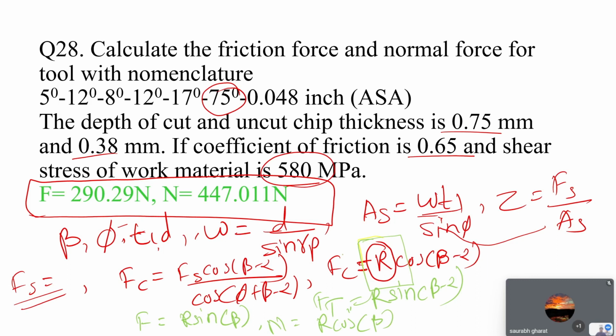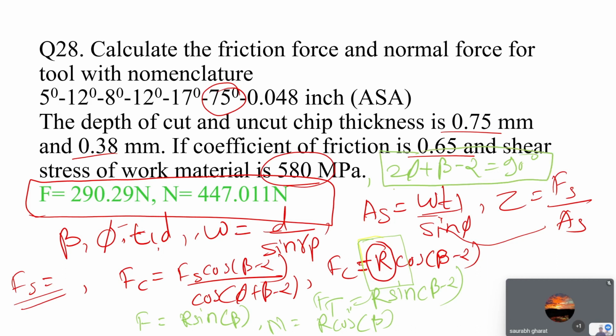And how do we calculate beta? We know from the Merchant circle, with rake angle alpha, that 2 phi plus beta minus alpha is equal to 90 degrees, from which we get it.